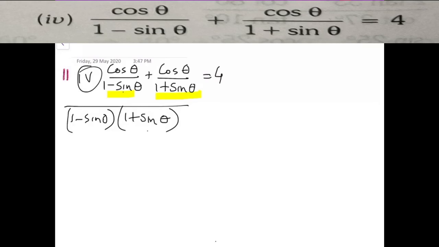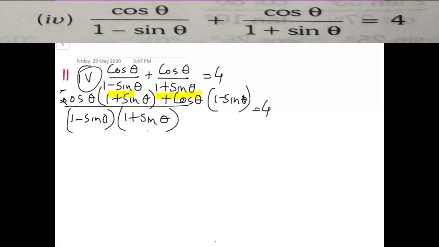Then 1 minus sin theta is already there, so 1 plus sin theta will multiply cos theta. In the same manner, cos theta will multiply 1 minus sin theta, and on the other side you have 4.